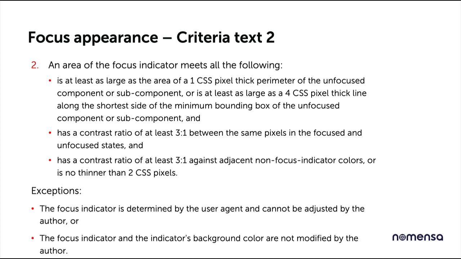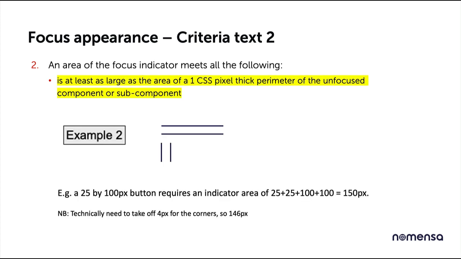So option 2 sort of mirrors option 1, but gives more flexibility. Instead of saying it encloses, it gives you 2 possible size criteria. So, for size metrics, the first size metric is at least as large as the area of a 1 CSS pixel thick perimeter of the unfocused component or subcomponent.